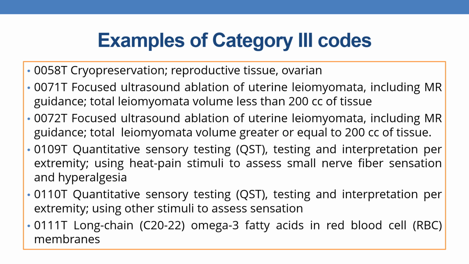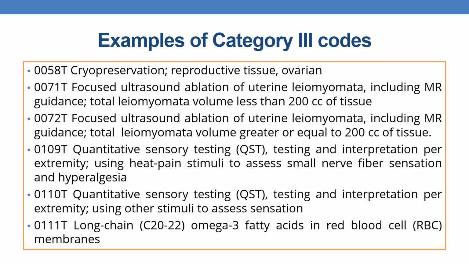Here the volume is greater than or equal to 200 cc of tissue. The next code is 0109T, quantitative sensory testing, QST testing and interpretation per extremity using heat pain stimuli to assess small nerve fiber sensation and hyperalgesia. The next is 0110T.